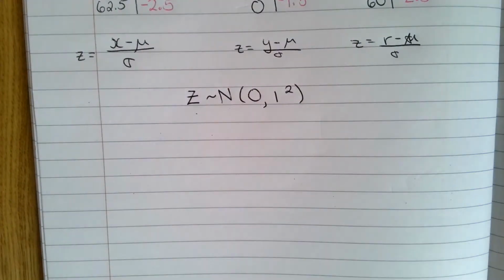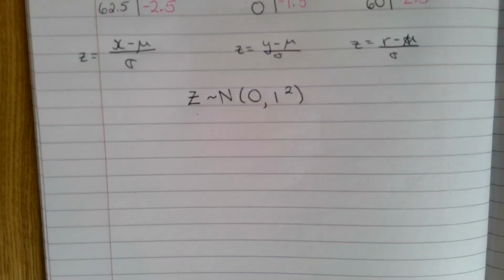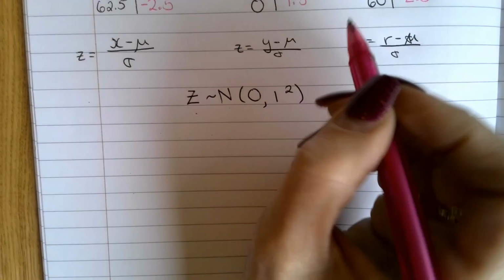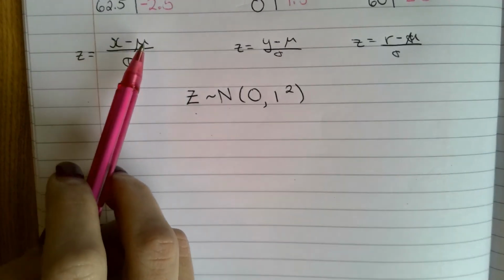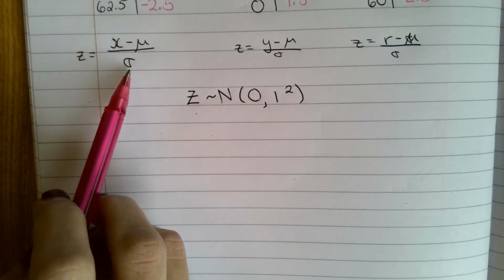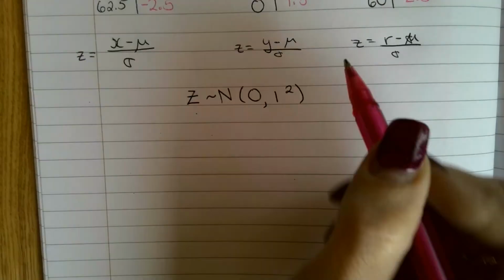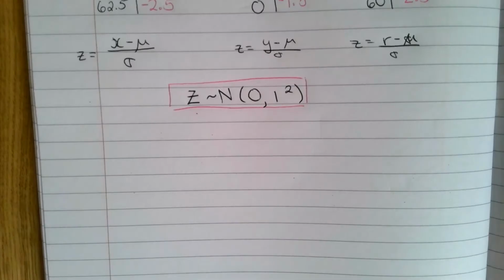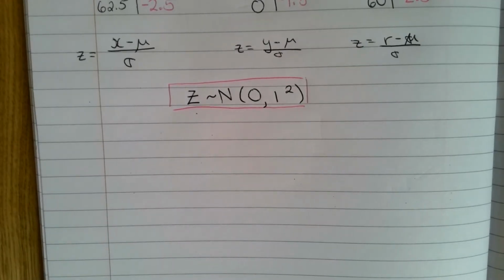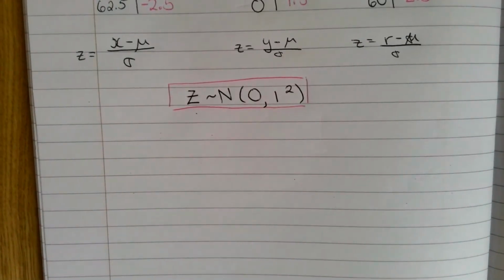So you do need to know that Z is always coded by taking the value you have, subtracting mu, and dividing by sigma to turn it into a Z value. And Z values always work as a normal distribution with mean 0 and standard deviation 1.